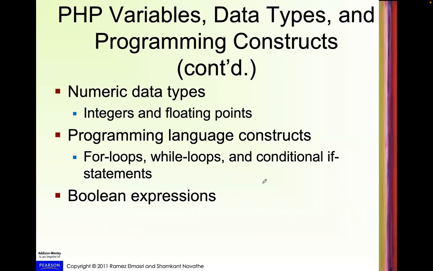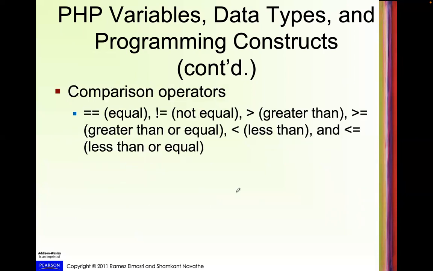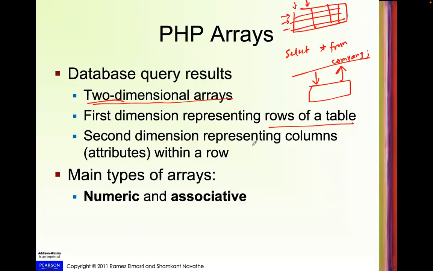Now programming language constructs, we can have for loop, while loop, and regular conditional if else statements, also Boolean expressions. So it has comparison operators. Comparison operators look like regular programming syntax. For example, it is going to check whether two numbers or two values are equal. This is for not equal, greater than or equal to, less than or equal to.